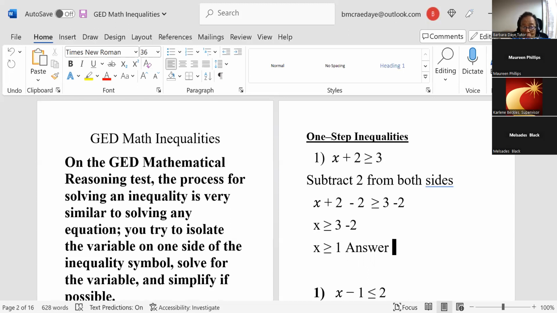Now, if you put a 1 right here for the X, what do you get on the left side, Mercedes?